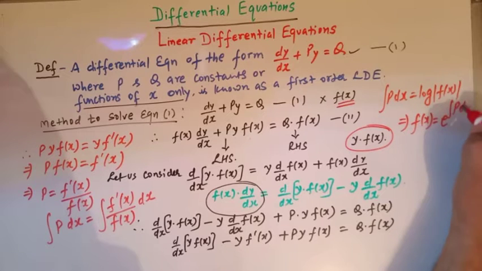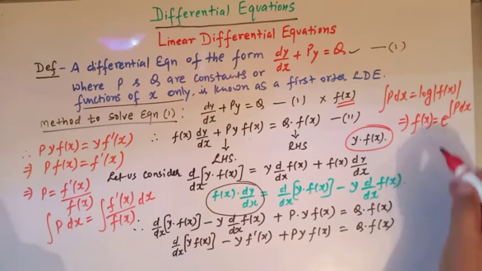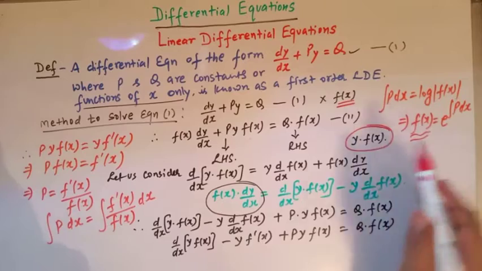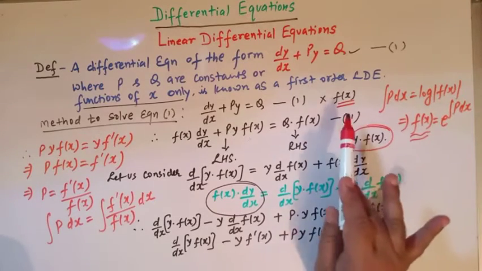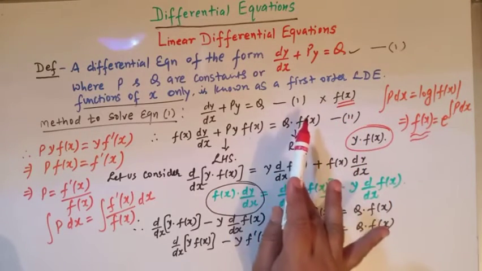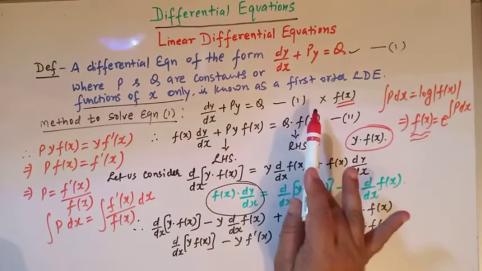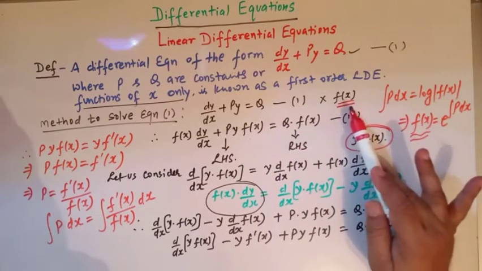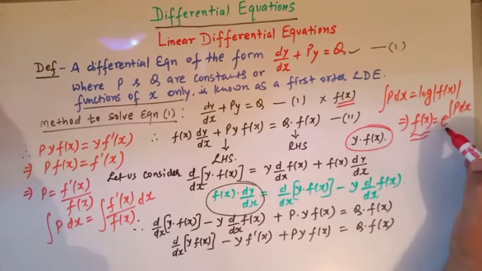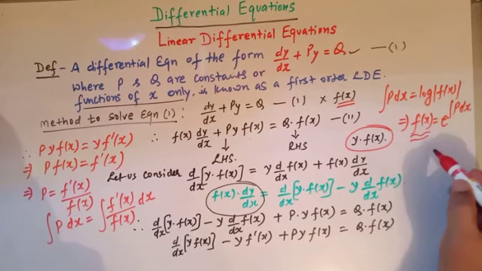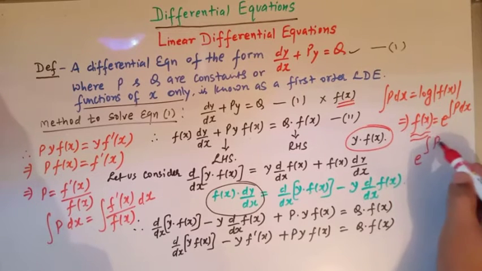Clear? So the function which we have selected, and by which we have multiplied equation 1, f of x, is ultimately equal to e raised to the integral of p. Clear?